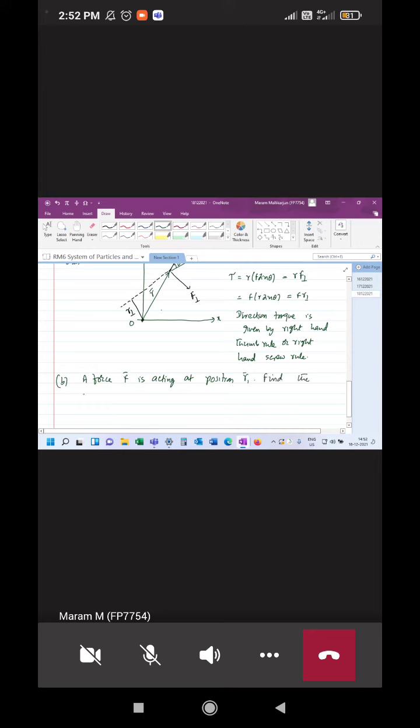Find the torque due to this force about R2 bar.